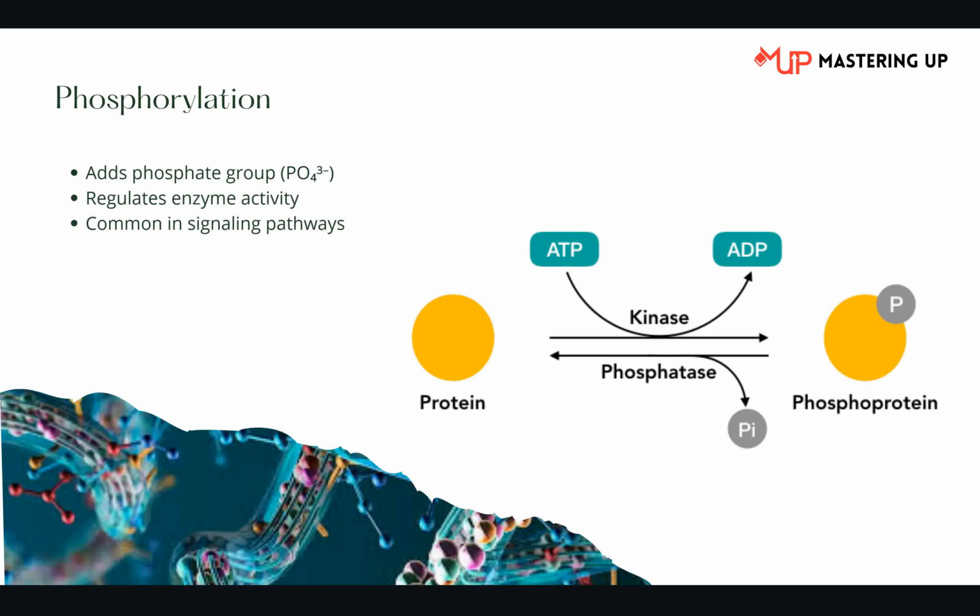Phosphorylation acts like an on-off switch for enzymes and signaling proteins. It is especially common in pathways that control cell growth, metabolism, and communication.